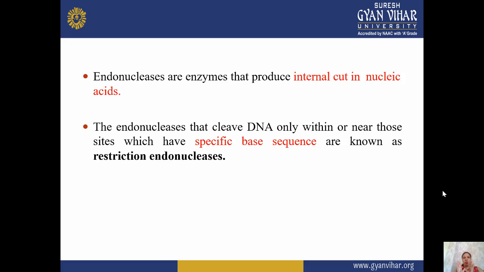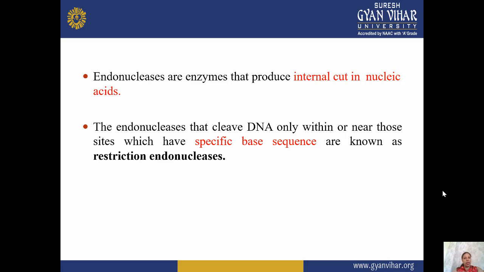only within or near sites which have specific base sequences are known as restriction endonucleases. Now how does the restriction endonuclease cut that specific portion? There is a specific base sequence at which this enzyme produces the cut. When we add the restriction endonuclease enzyme to the DNA solution, it detects that specific base sequence.